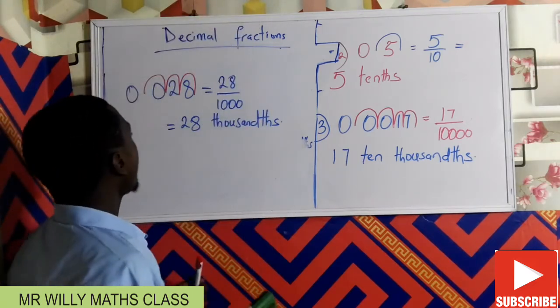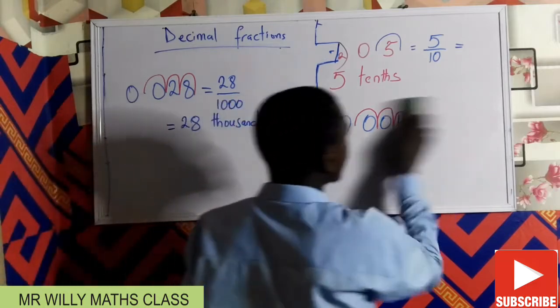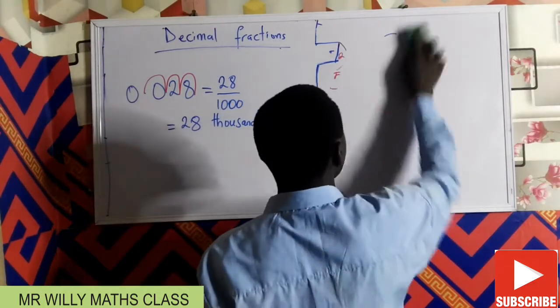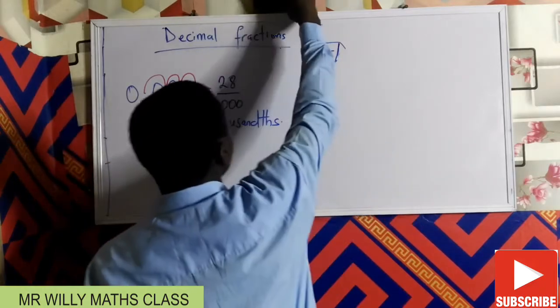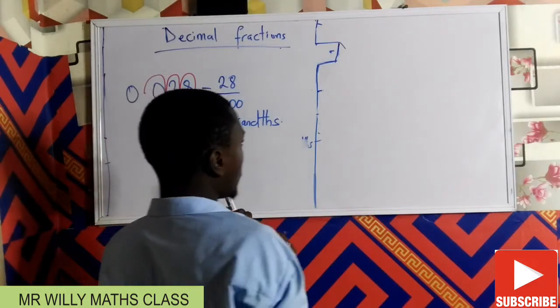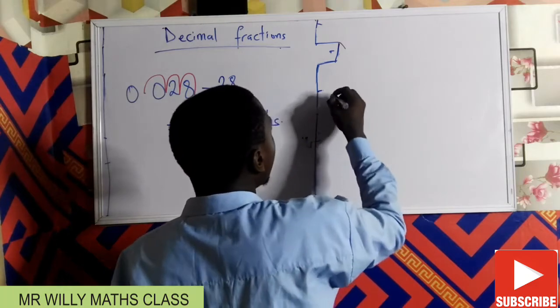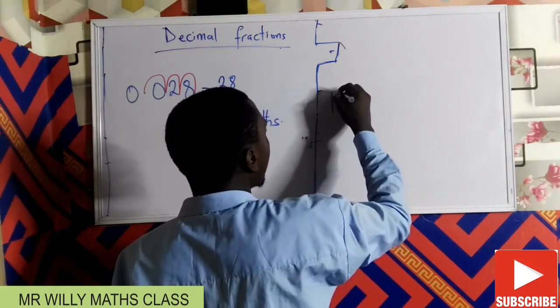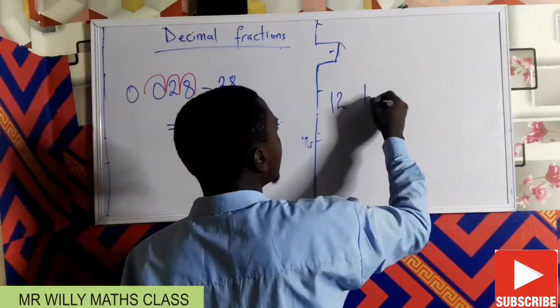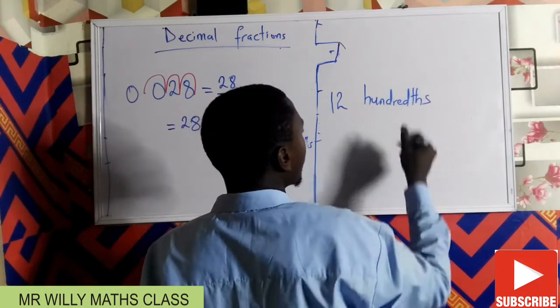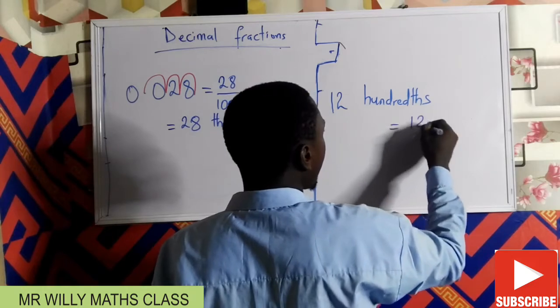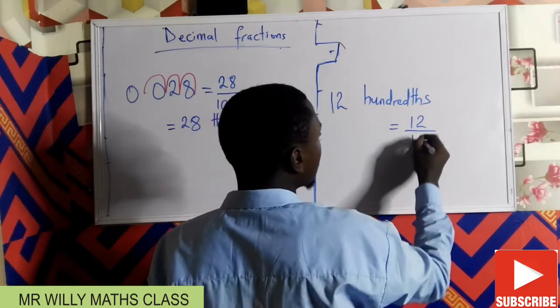Now, what if you are given a decimal fraction in words and you are asked to express it in figures? How do you do that? It's very, very simple. Let's assume that you have 12 hundredths. What does that stand for? That would be 12 over 100.